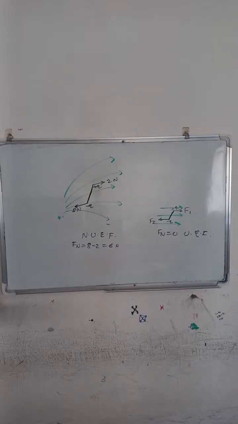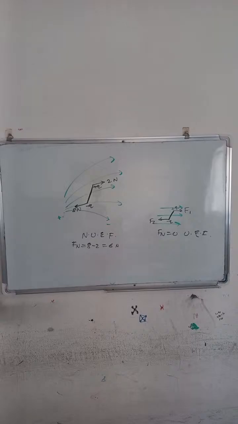In a uniform electric field, the electrostatic potential energy of the dipole is, options are given: A, q into capital L into capital E, first option.